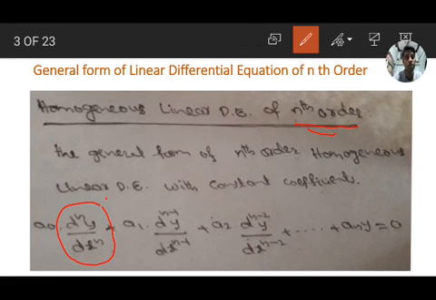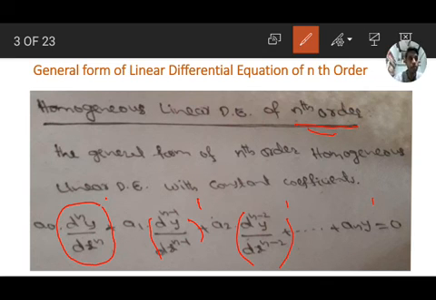In this, the order of d^n y/dx^n is n, so it is an nth order differential equation, and all the derivatives have power 1. The power of y is also 1.